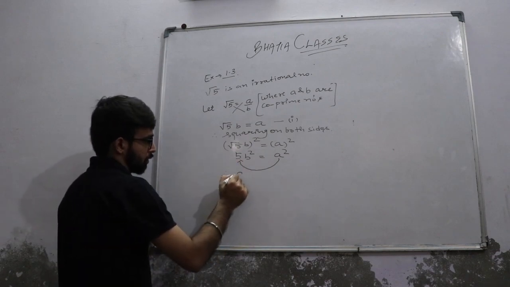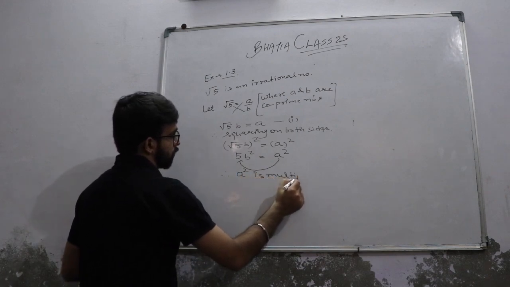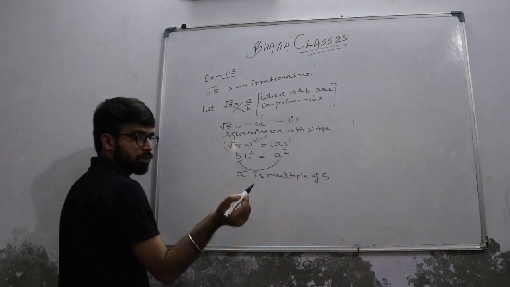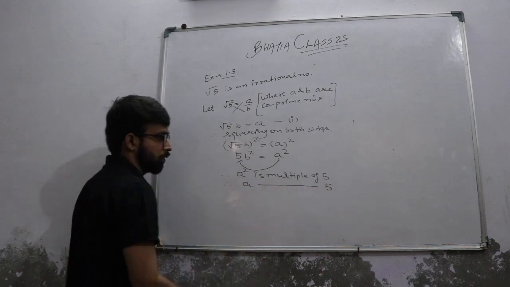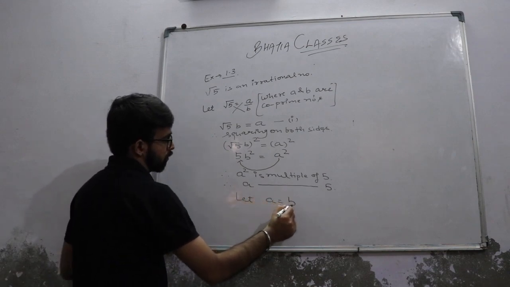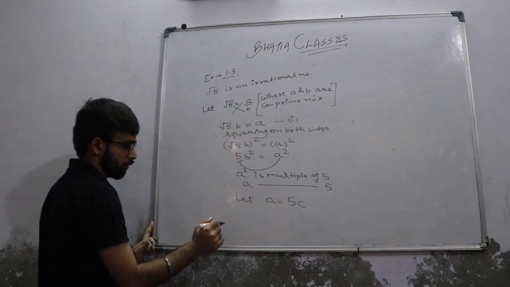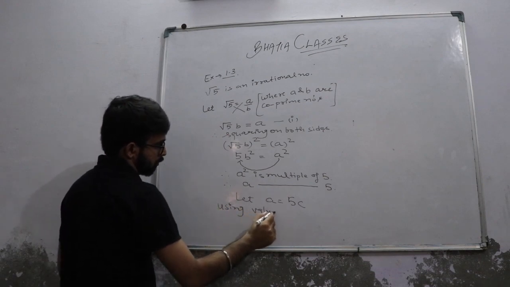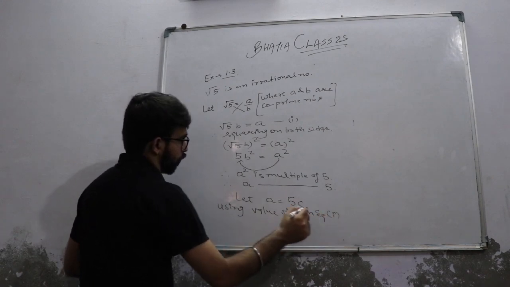We will write this line. a square is multiple of 5. Therefore, it is understood a is also multiple of 5. Now I will let a is equal to 5c and will put the value of a in equation 1.